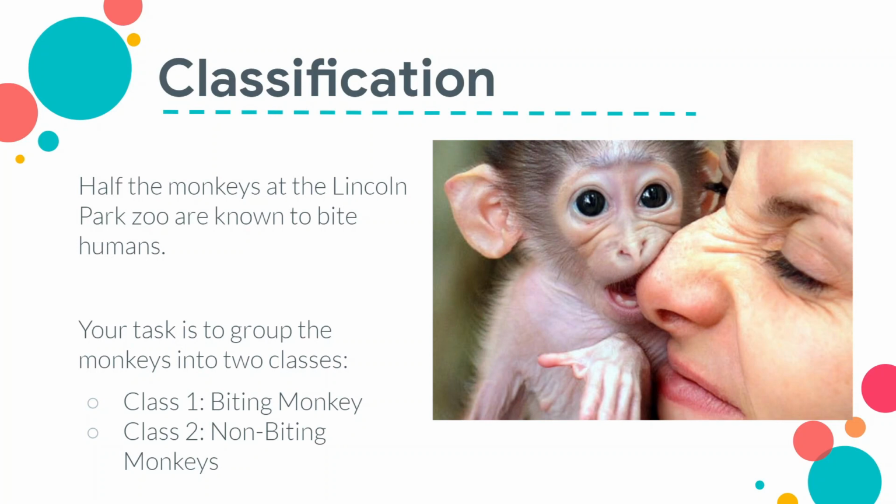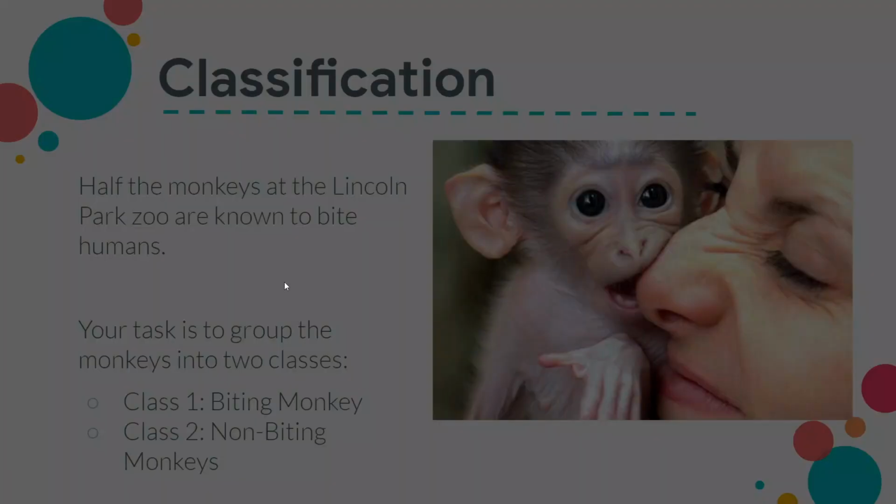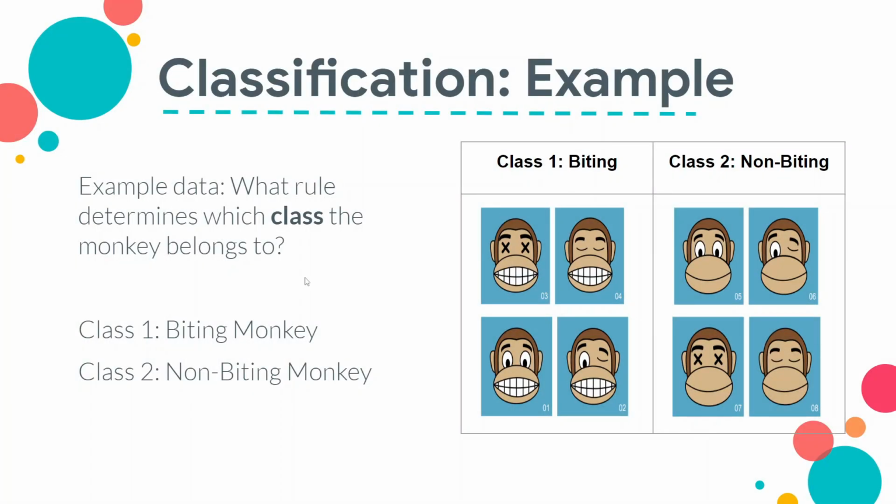So we're going to look at this example we have here. Half the monkeys at the Lincoln Park Zoo are known to bite human beings, and now your task as a group here is to identify the monkeys into two classes. Class 1 we're going to call the biting monkeys, and class 2 is going to be the non-biting monkeys. So all we have here is, for example, this picture.